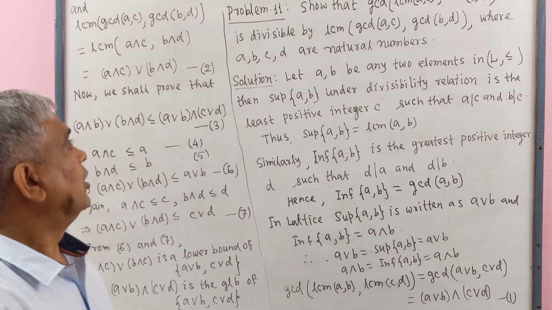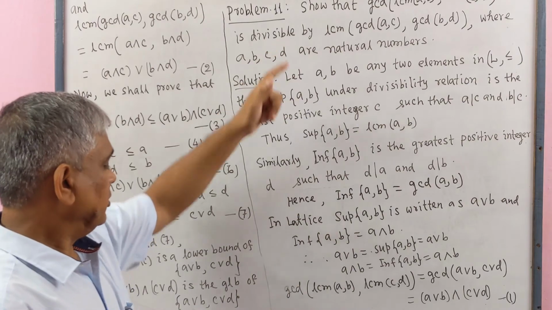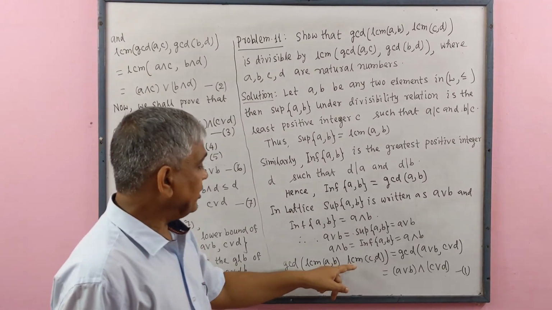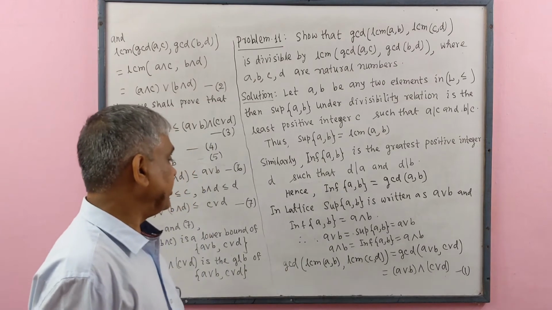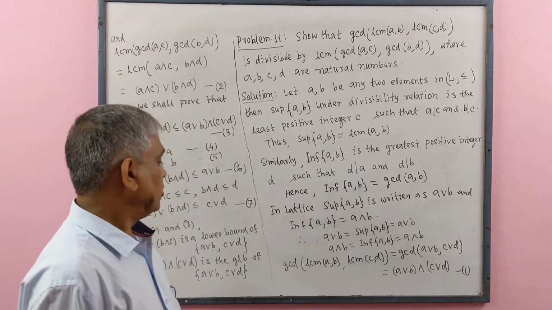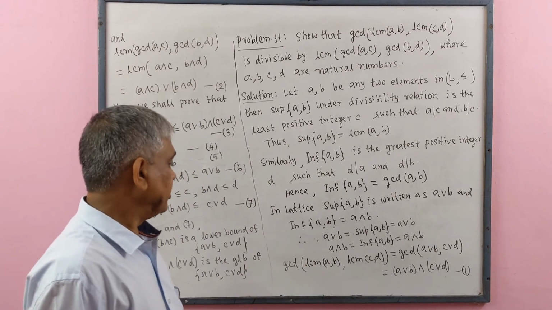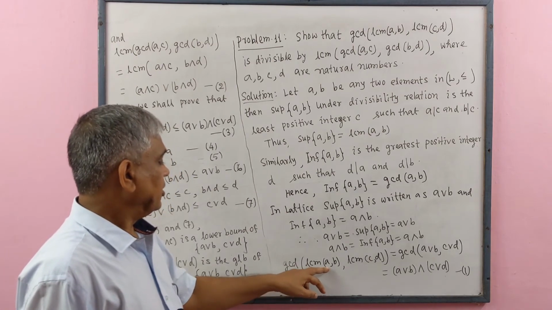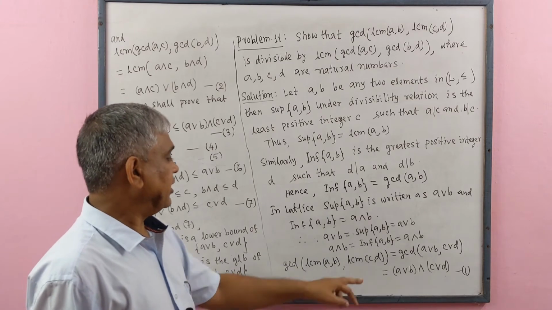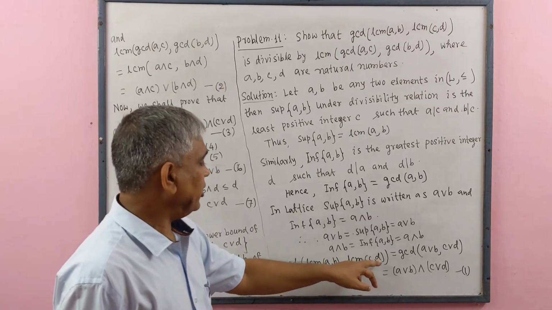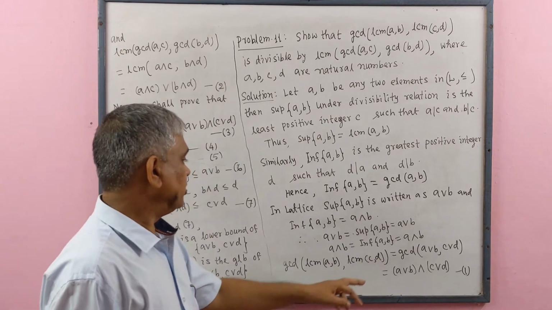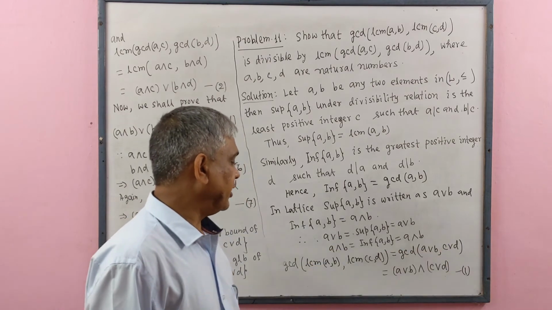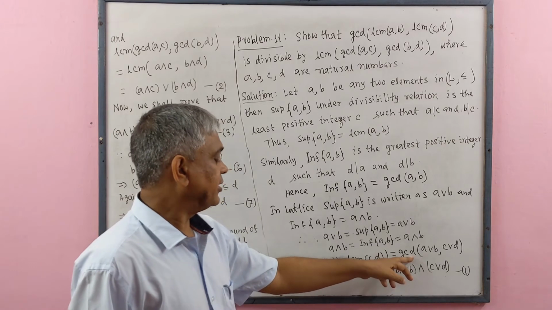Now our problem: GCD of LCM AB and LCM CD, we write in terms of join and meet. Since LCM of AB is A join B, and here LCM of CD is C join D, this equals GCD of A join B and C join D, and GCD means meet.